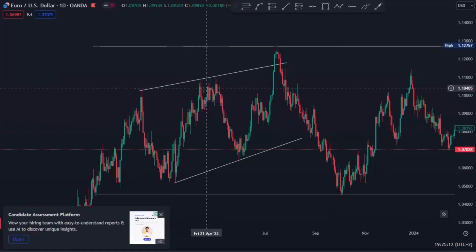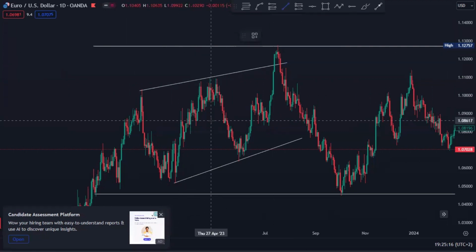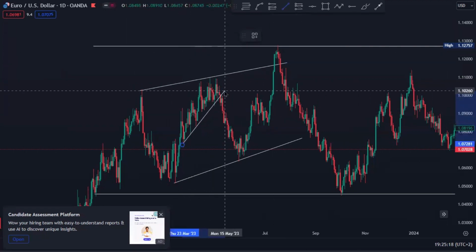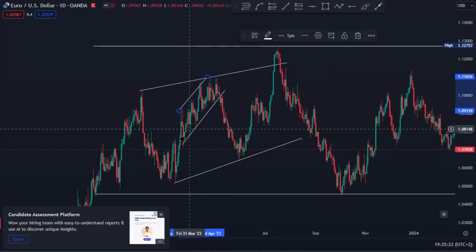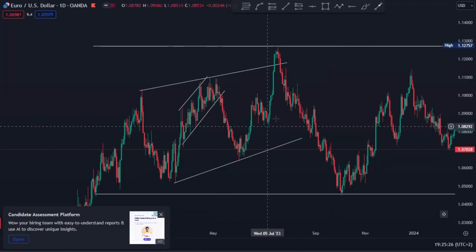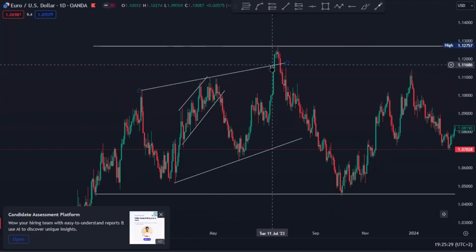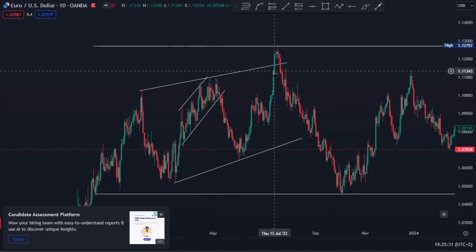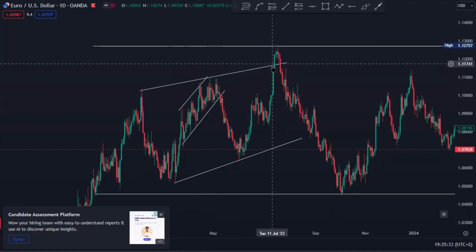Do you see this area here? The market was approaching this zone with less momentum, meaning with a reversal pattern. The market is just going like this, it's losing momentum. Look here, the market is approaching this zone with high momentum, meaning there's no way you can sell the market here.